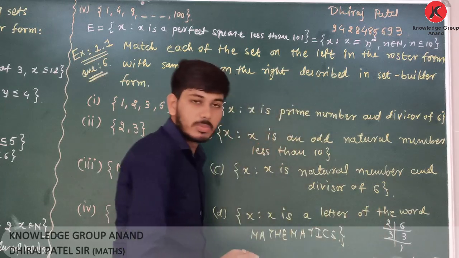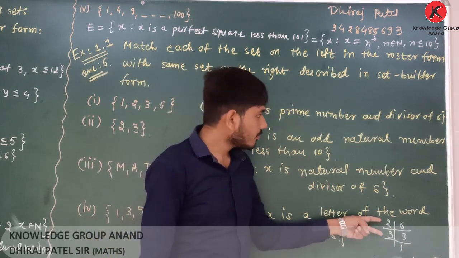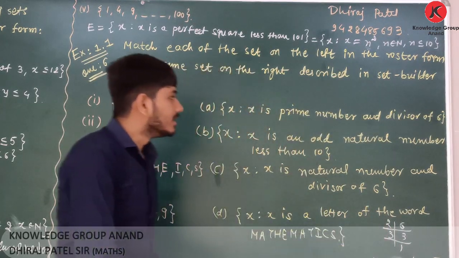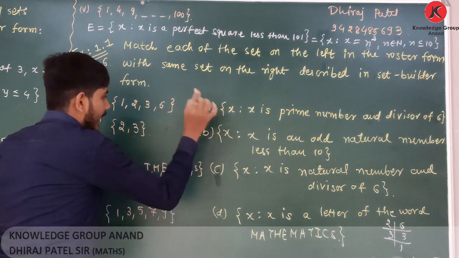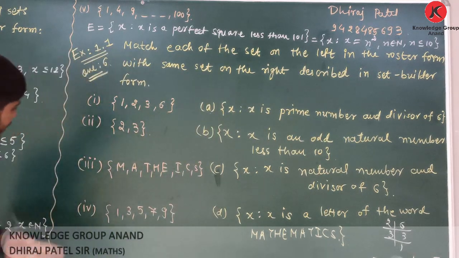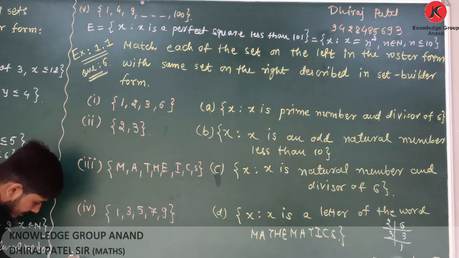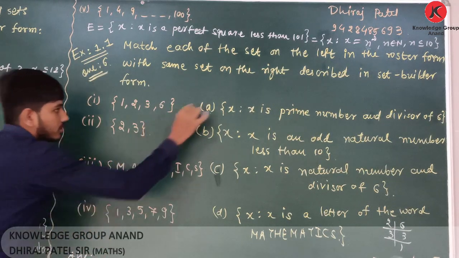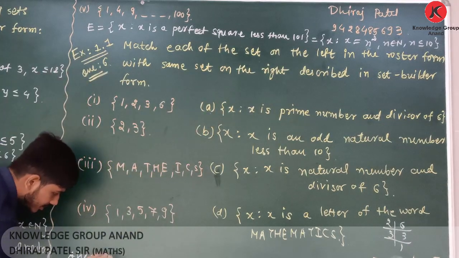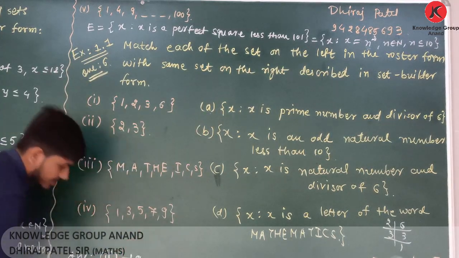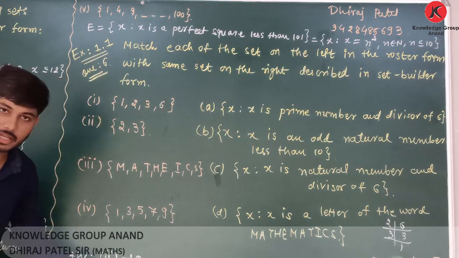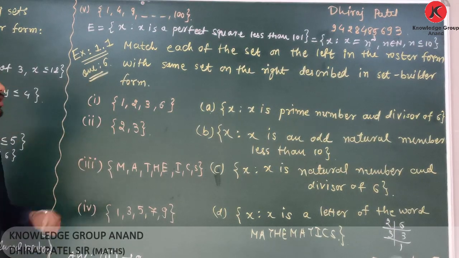So there are 2 prime divisors of 6, 2 and 3. Therefore you can match A with 2. So the answer you have to write, second with A. Okay, so second is related to A.